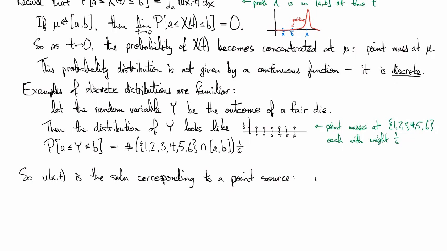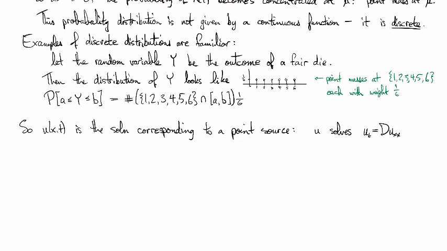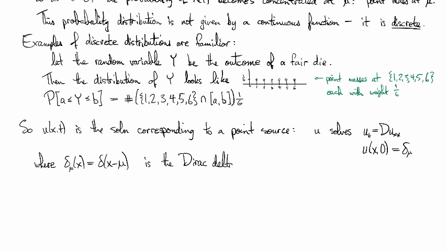In other words, u solves the equation u_t equals D u_xx with u(x, 0), the initial condition, being delta_mu, where delta_mu is the Dirac delta located at mu.